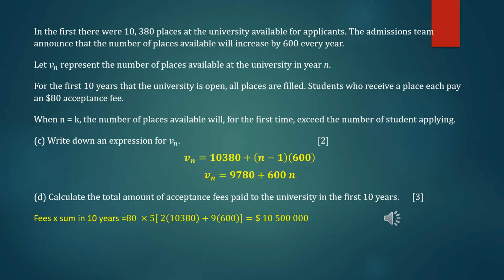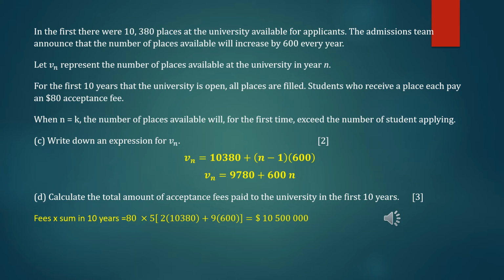V sub n is equal to, this is a substitution to the formula that you have in your formula booklet, 10,380 plus n minus 1 times the difference, which is 600. And this simplifies to 9,780 plus 600n. We're only looking for an expression in terms of n. This is now your general formula for V sub n. Please remember this. We will be using this later on.